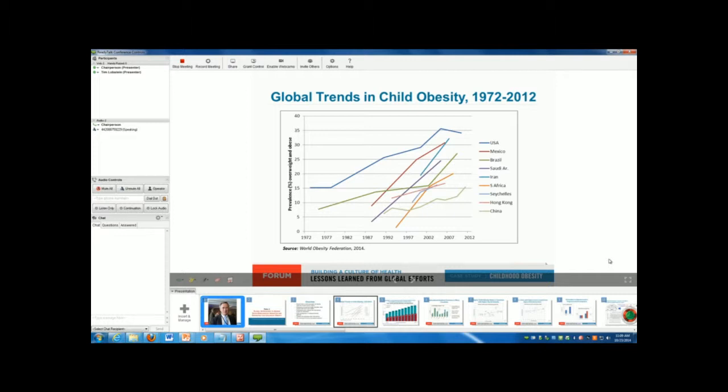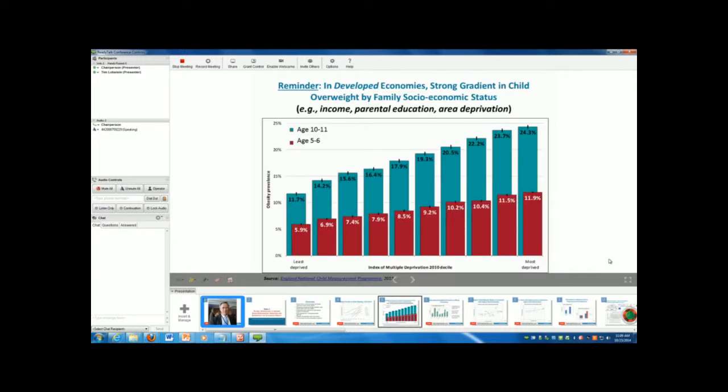The social gradient differs in different countries, it differs according to economic development. If we take the UK, there's some beautiful data which you can talk to Harry about afterwards, because he was responsible for collecting or setting up the system that collected a lot of this data. Very beautiful data on children aged 5 or 6, the younger set there, and the older group there, 10 and 11, showing social disparities.